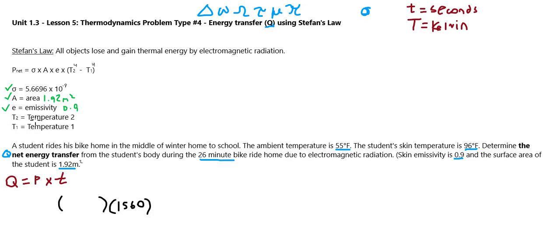Then temperature 1, temperature 2. Temperature 1 is going to be the 55 degrees Fahrenheit, and temperature 2 is going to be the 96 degrees Fahrenheit. But we have to convert those to Kelvin. How can we do that? Well, on the formula sheet, it says how to convert from Fahrenheit to Celsius, but not how to convert from Fahrenheit to Kelvin.